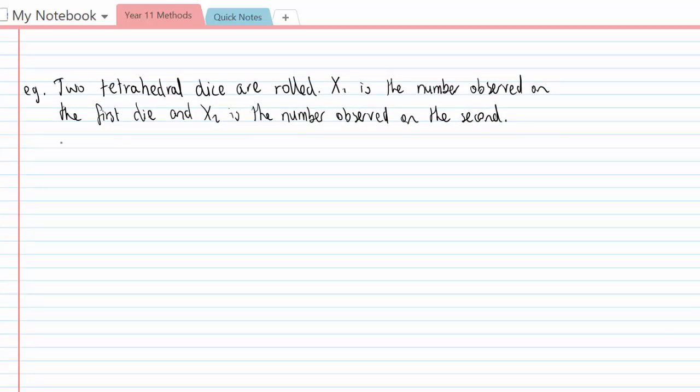So what I want to do here is find the expected value of x1 plus x2 and also the variance of x1 plus x2. So x1 plus x2 just means that we're adding the result from those 2 dice.